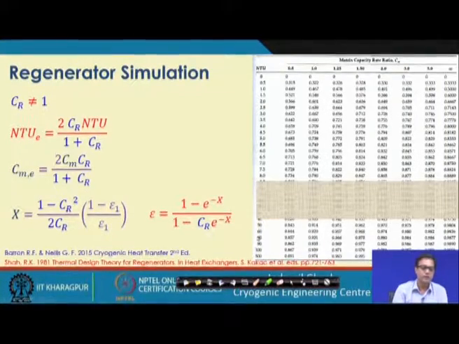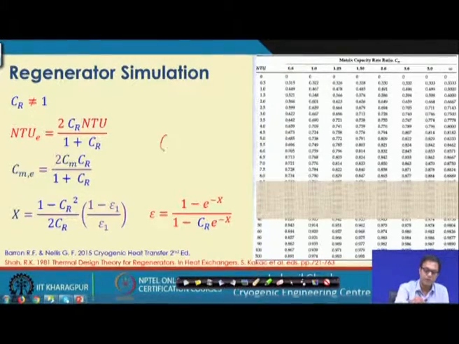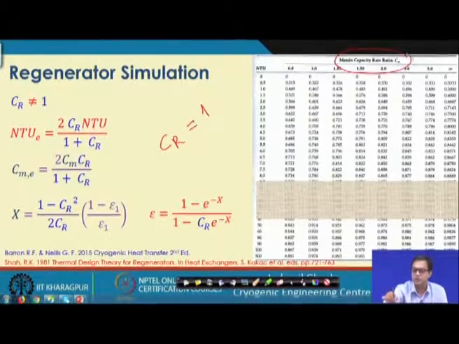Here it is not always expected that we will encounter a situation where CR equals 1. Earlier we talked about this matrix capacity rate ratio and this NTU.